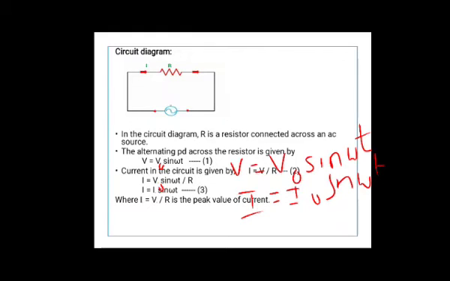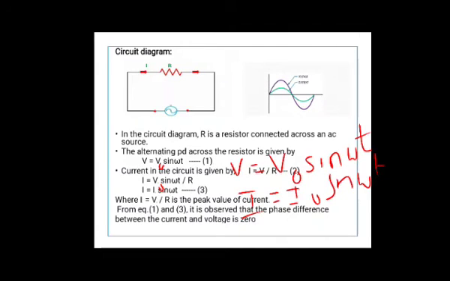When you compare equation 1 and 3, you can observe that the phase difference between current and voltage is 0. You are not getting extra terms like I0 sin(ωt + π/2), minus π/2, plus π or minus π. It means the phase difference between current and voltage is 0. Then you can show it with the help of a graph, that is the graphical representation, the waveform.